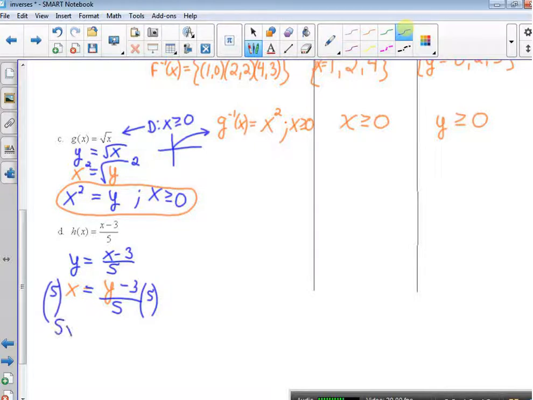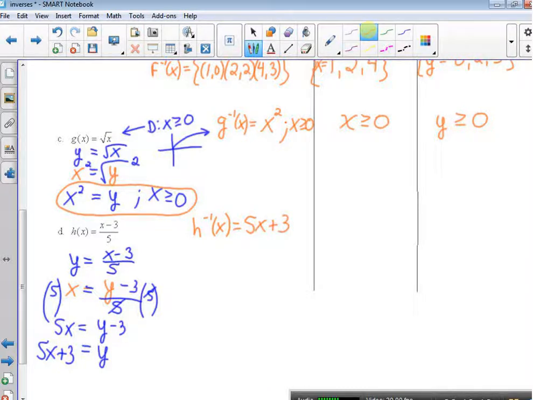So I get 5x equals y minus 3, because those are going to cancel. And then I'm going to add 3 to both sides, so y is equal to 5x plus 3. So that's the inverse. So we would say h^-1 of x is equal to 5x plus 3.